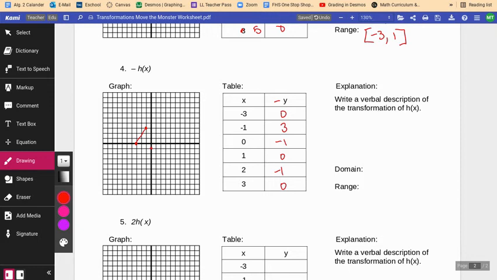And indeed, it shows that it was reflected. Okay, and so this is a reflection over the x-axis. Again, important to write down over the x-axis. And then my domain goes from -3 to +3, and my range goes from -1 to +3.